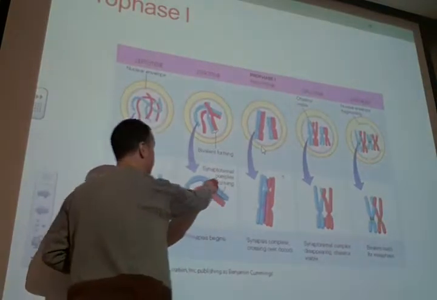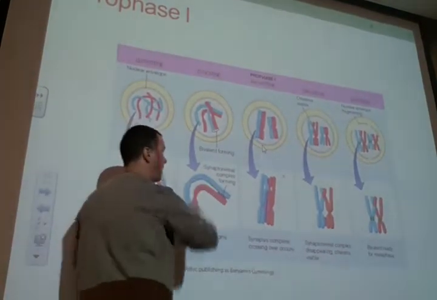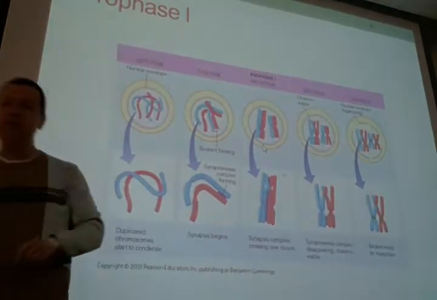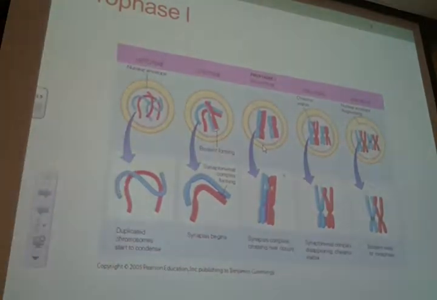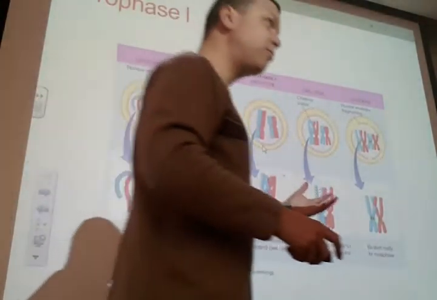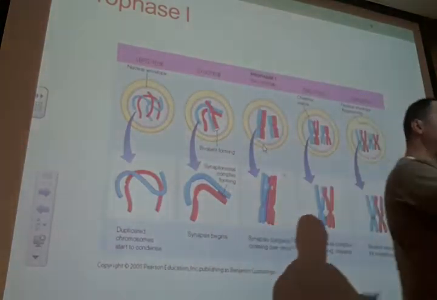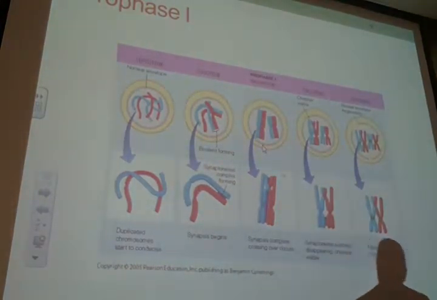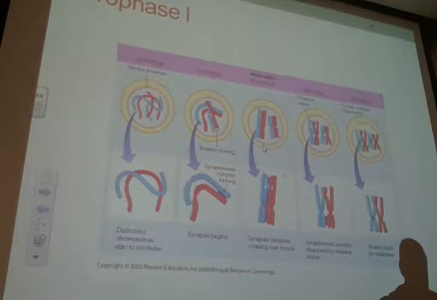They're zippered up from one side to the next, and we get them very, very close together. That process is called synapsis. It's the same basic word as a synapse between two nerve cells, because they're really, really close together.